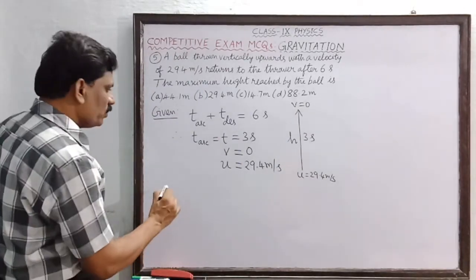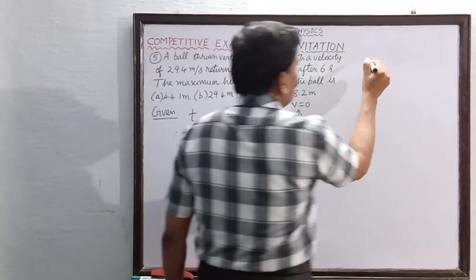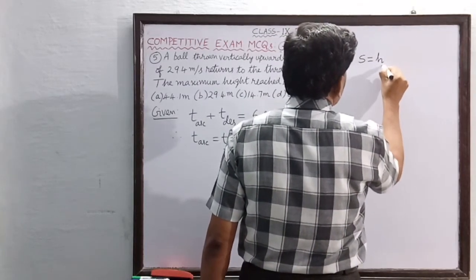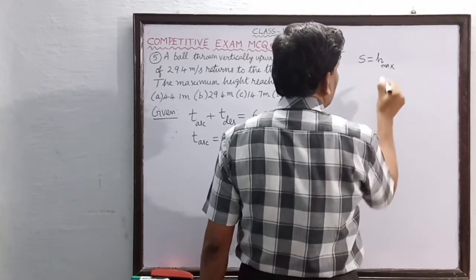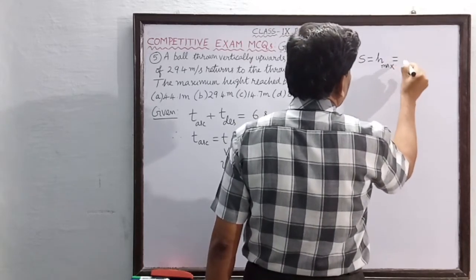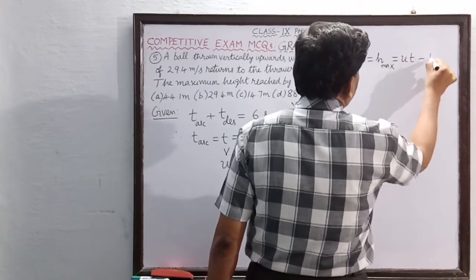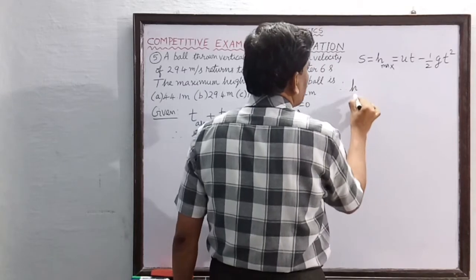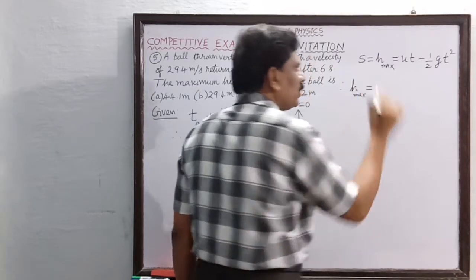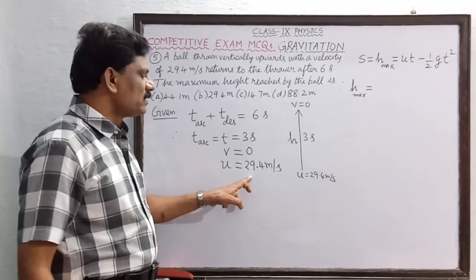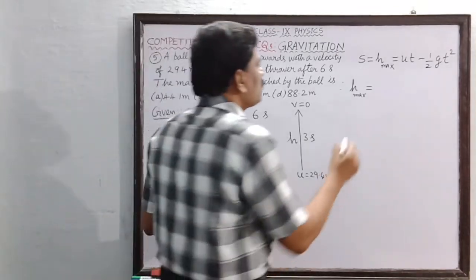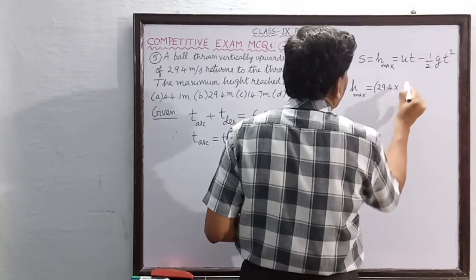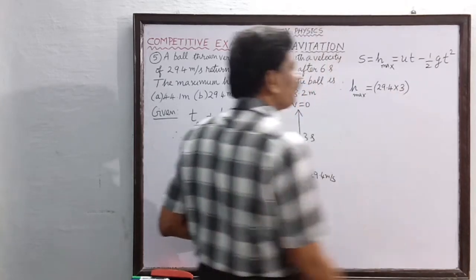Okay, students. So using the equation I am going to do it here. The distance travelled S is equal to the maximum height. I can use the symbol H maximum also here. So this is equal to what? S = ut minus half g t square. Therefore, H maximum is equal to u, which is 29.4, multiplied by t, which is 3 seconds.